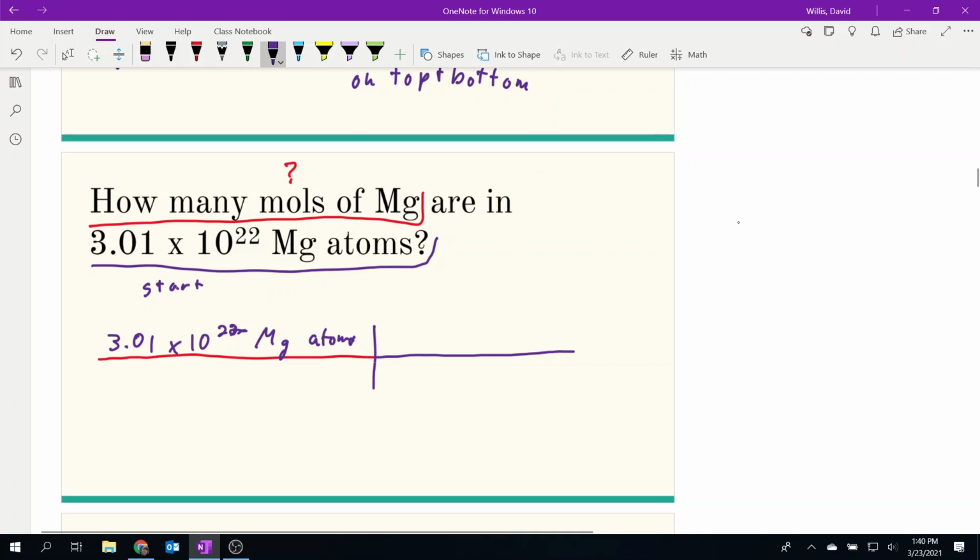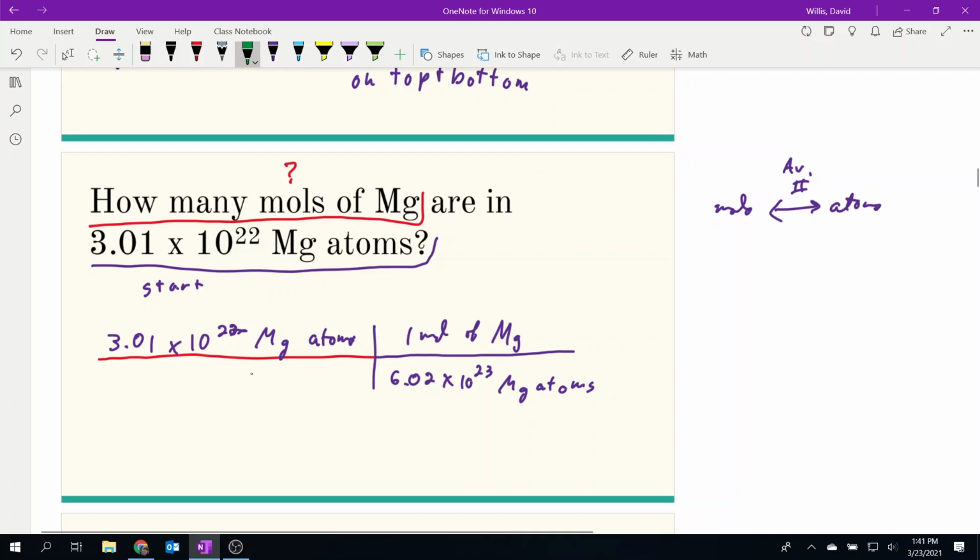Now, again, since we're going between moles and atoms, it doesn't matter which way you're going, you're either going to multiply or divide by Avogadro's number. All right? So I'm going to look at this. Now, I've got number of atoms on the top, so I need to put number of atoms in the denominator in order for that to cancel. I know that there are 6.02 times 10 to the 23rd magnesium atoms in 1 mole of magnesium.